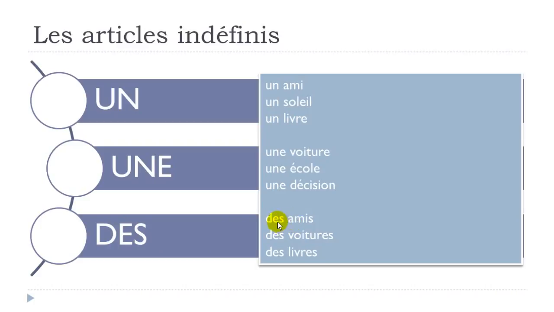Remember, it was introduced in a previous lesson. You put this little link between the words. Des amis. I've been taking voiture here, a car. Just add this S at the end and you get the plural form, des voitures. And then I've been taking back this livre, same thing, you just add S at the end, des livres.